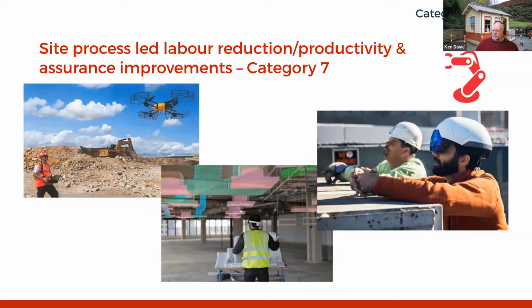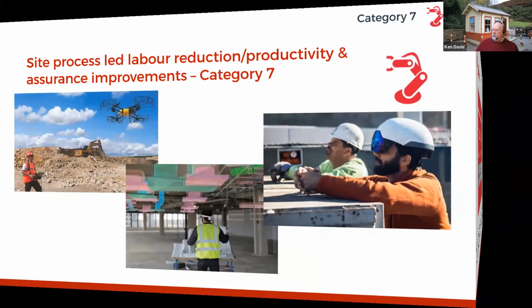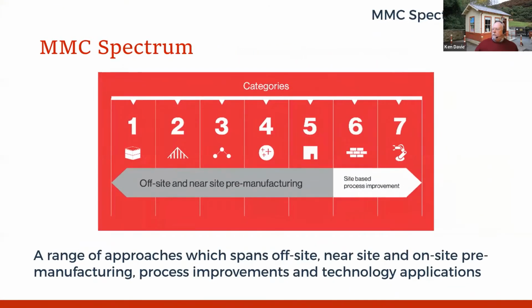So these are the 7 categories in terms of the definitions. I think you will agree that quite a few of them apply across all infrastructure projects, in fact, any type of construction project. And what we end up with is an MMC spectrum with the 7 categories, covering offsite, and nearsite is quite common.